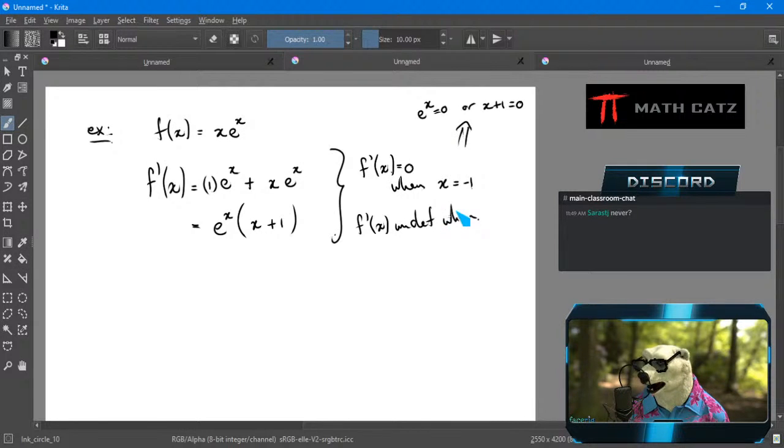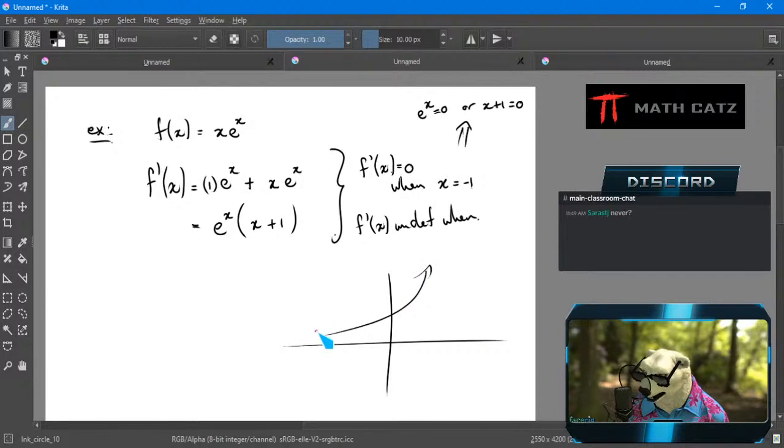So I get -1 from the second, x plus 1, obviously. But the other one, e to the x equal to 0, is also one that I need to check. But I know what my e to the x graph looks like, and I know it's always above the x-axis. It's never going to touch. There are none. So -1 is the only point.